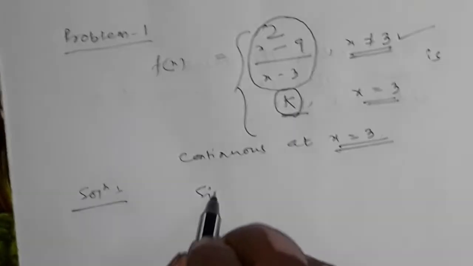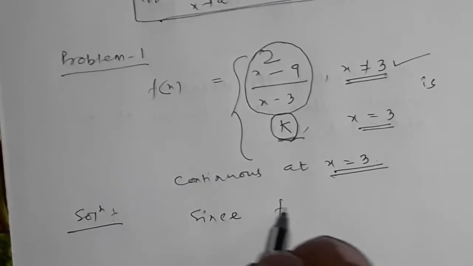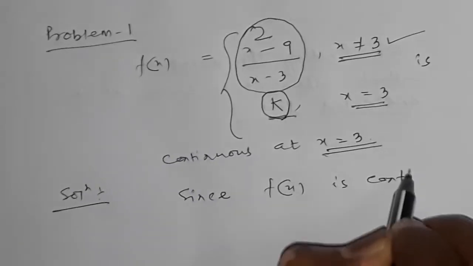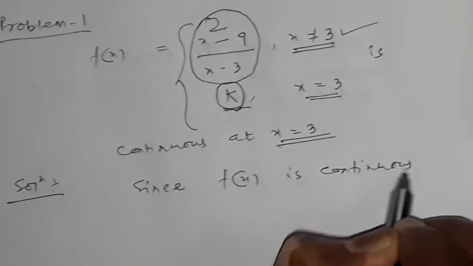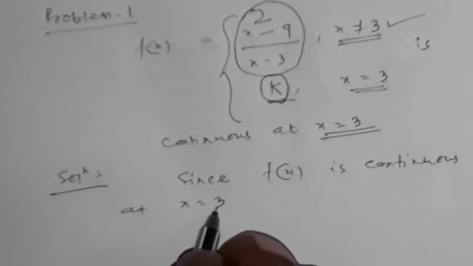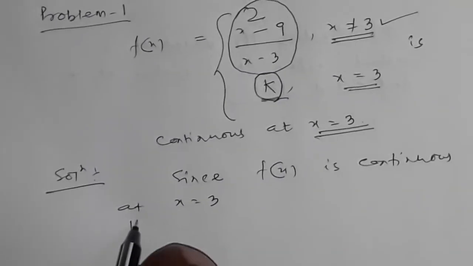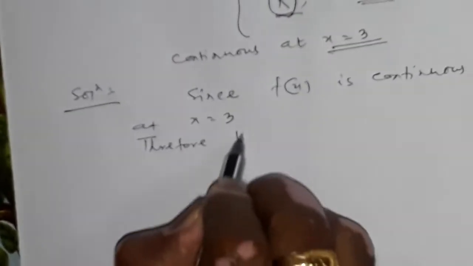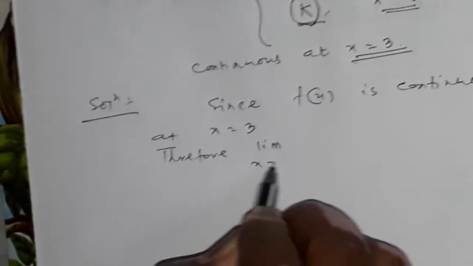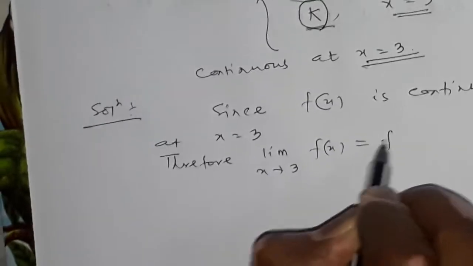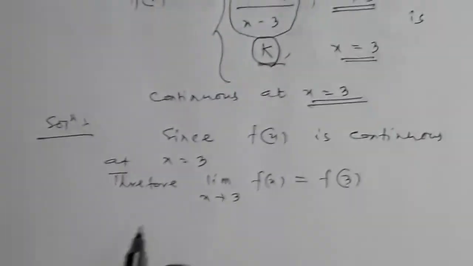Since f(x) is continuous at x equals 3, therefore limit x tends to 3 of f(x) equals f(3).